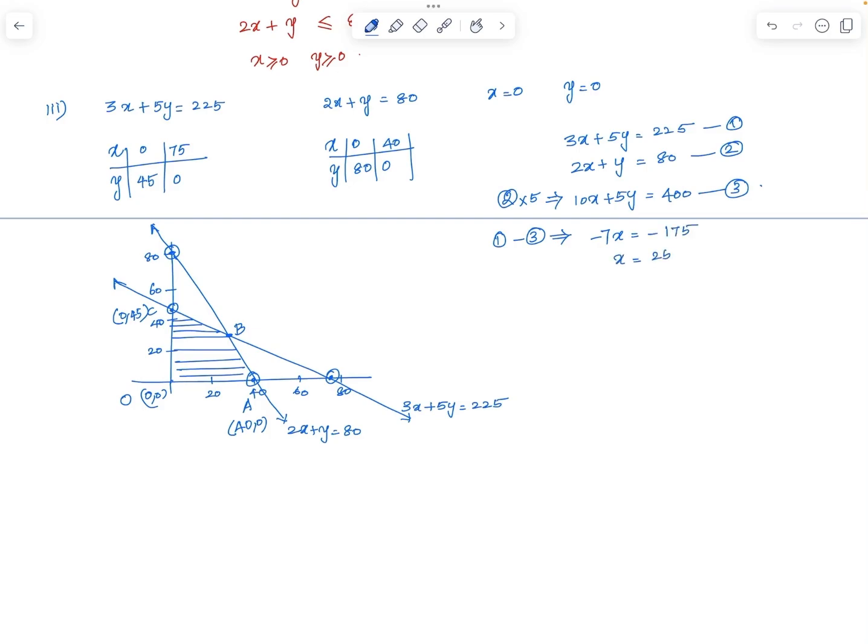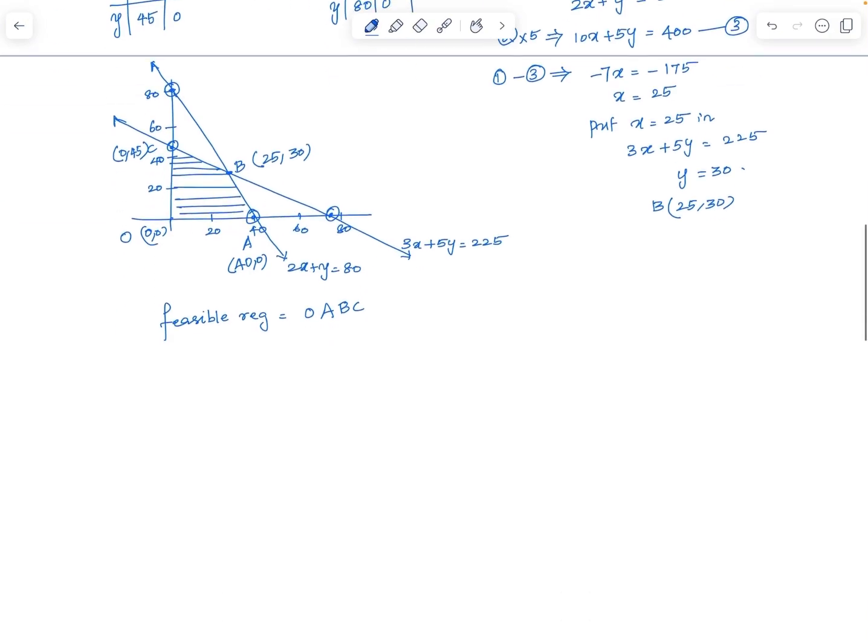X becomes 25. Putting x equal to 25 in any one of these equations, we get y as 30. So the coordinates of B are 25 comma 30. So the feasible region is O, A, B, C.